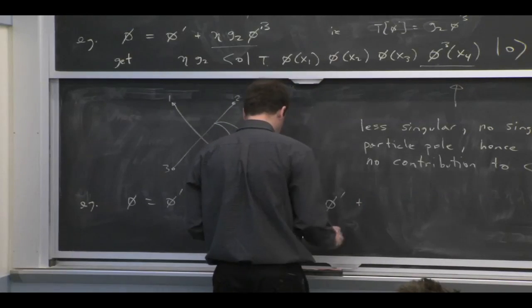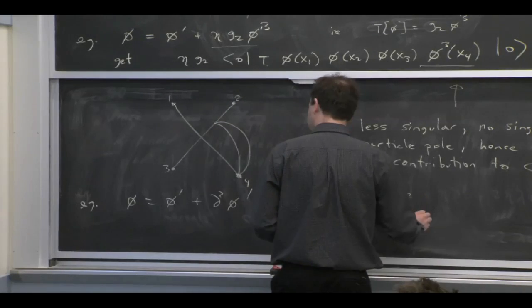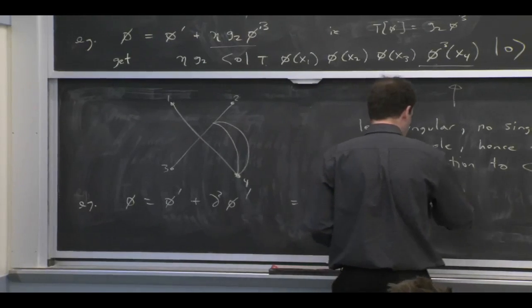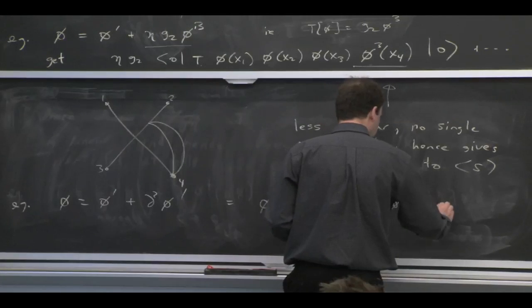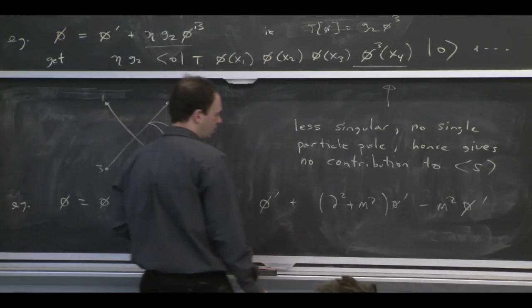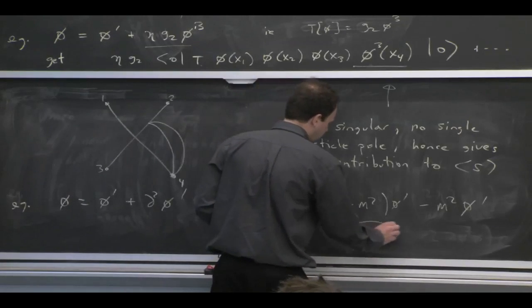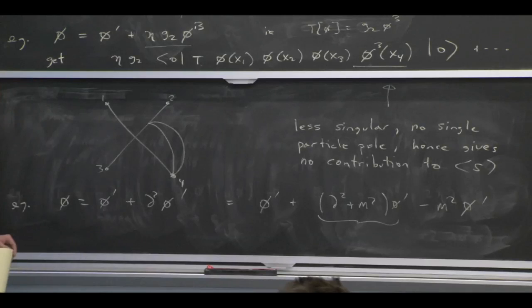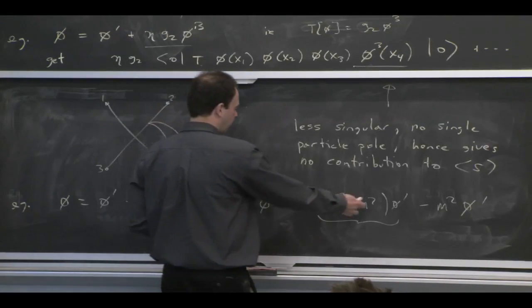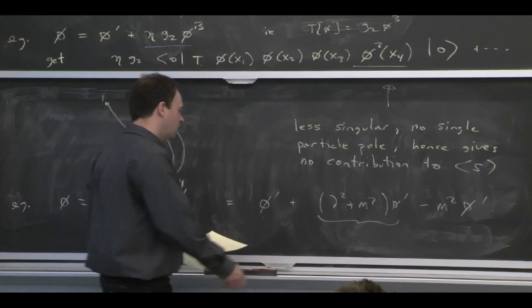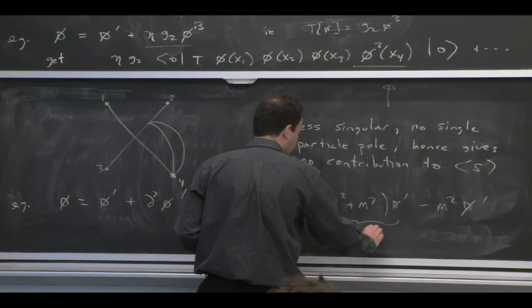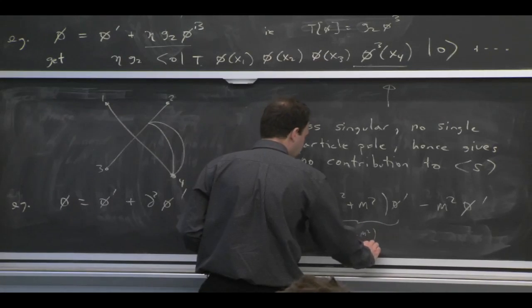So then we would do the following. We could add and subtract a mass term. The reason we would want to do that is if we looked at a term like this, it's again less singular than this term. If this term is giving the one particle states, this term has got a factor of the propagator upstairs. So if you look for a pole that would come from that term, it's canceling out. You get p squared minus m squared over p squared minus m squared.